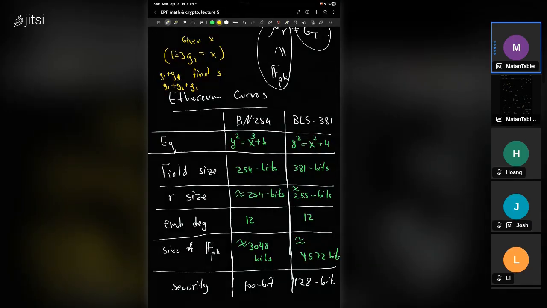You need to solve some equation, so you need to do the tangent line and then solve the system of two equations in two variables that give you the intersection and then reflect along the x-axis. This is only to do G1 plus G1. So an attacker needs to spend a lot more time on their brute force attack, and that's why, in order to get the same level of security, you can use a smaller prime.